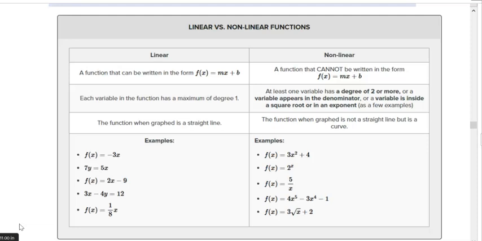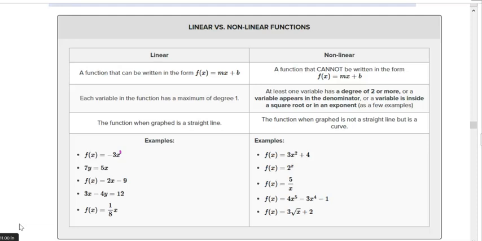Looking down here, you can see it's written in this form, and the exponent on the variable is just 1. So that means it satisfies this.